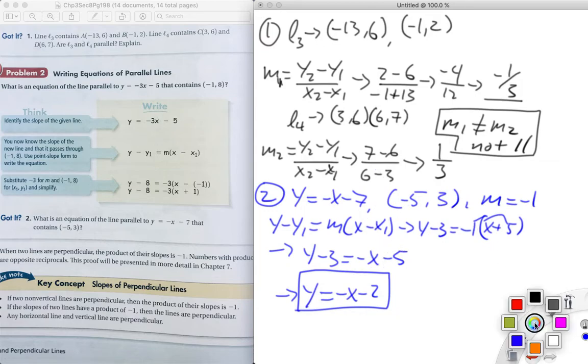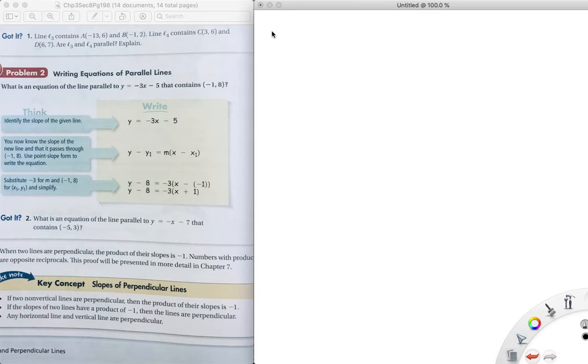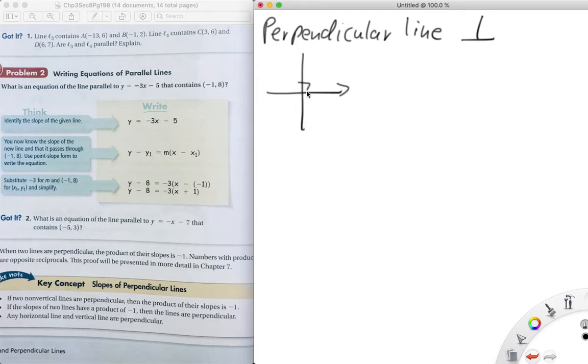Okay. Then we have perpendicular lines. Perpendicular lines are lines that, that's the symbol for perpendicular, when they intersect form 90-degree angles.